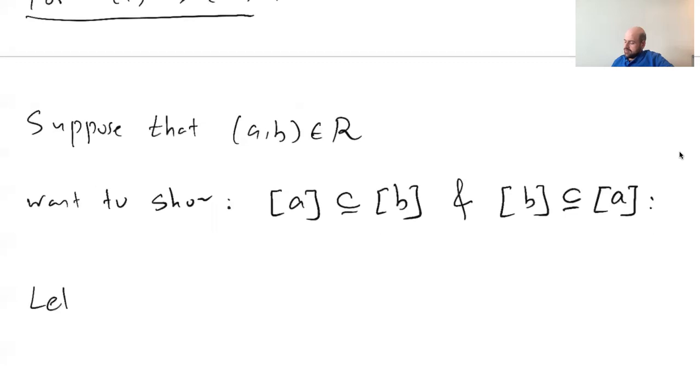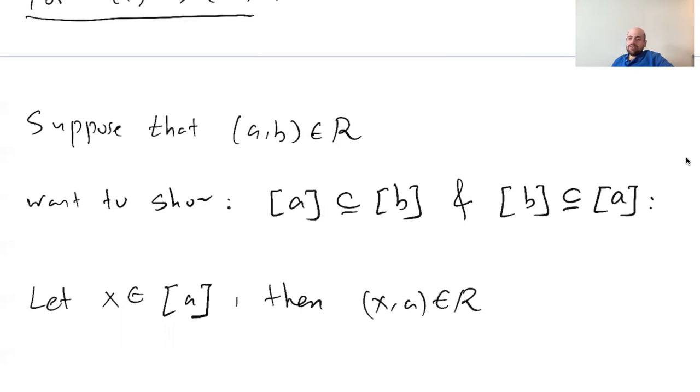So for the first one, let me take X in the equivalence class of A. Then what can we say? Then we can say that (X, A) is in R, right? When you take an element in the equivalence class of A, what elements do we have there?